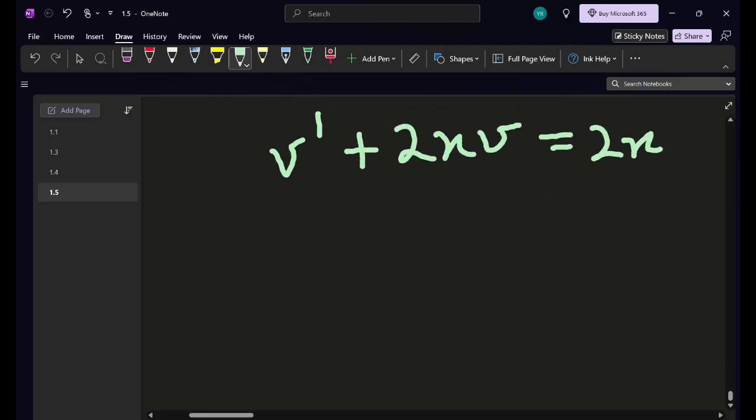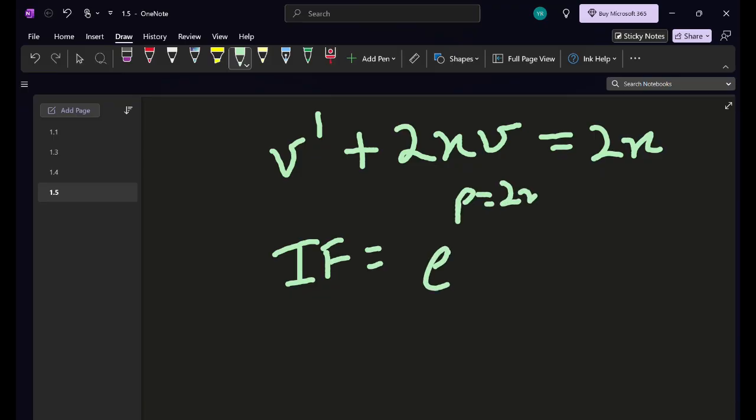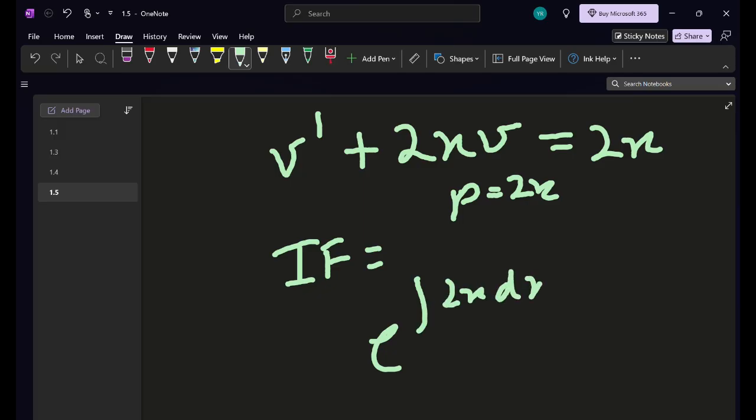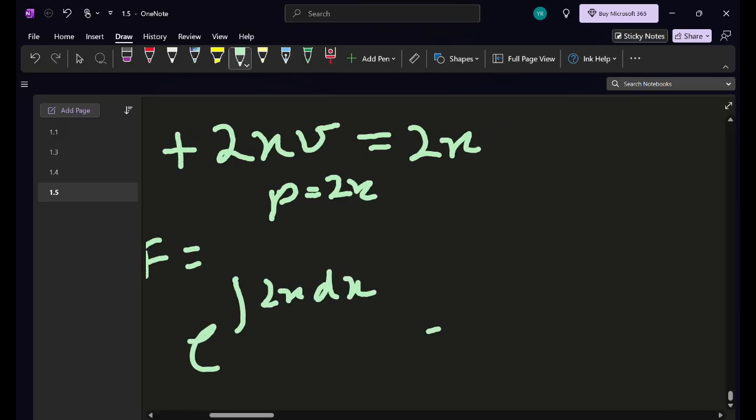Now let's find the integrating factor, which is going to be e to the power, here p is 2x, so the integrating factor will be e to the power 2x dx, which will be equal to e to the power x square.